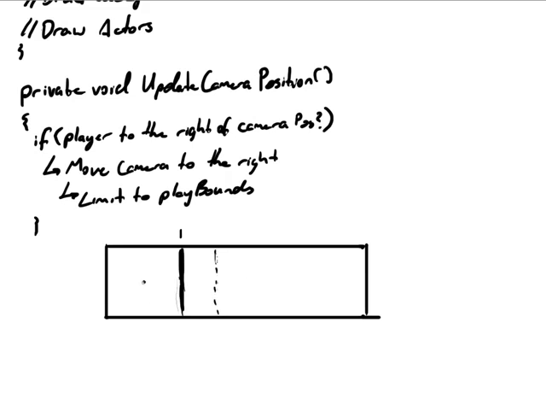So now, if our player is to the right of the camera position right here, let's say at this spot, I'm a little player, little stick man. What the camera needs to do now is check, okay, well the player is to the right of my position, so that means I had better move myself over to the right because I want the player in the center of where I am, so that the player is not going to be running off screen, and we've got a way of making sure that as the player moves across the stage, the camera follows along.